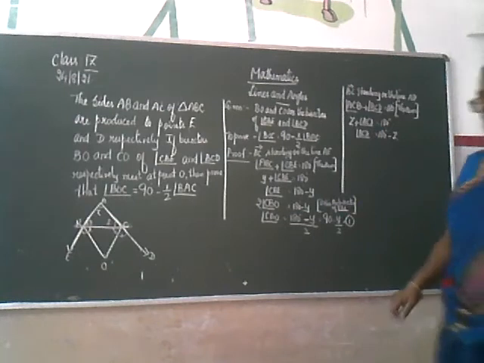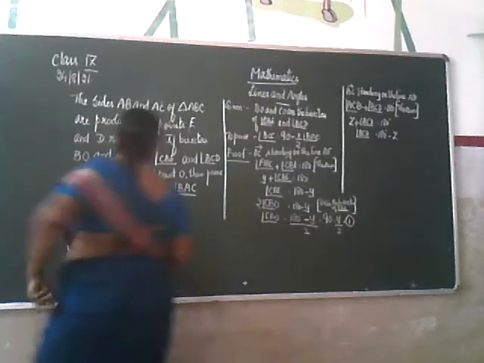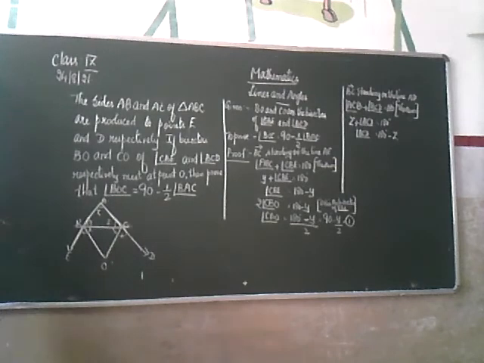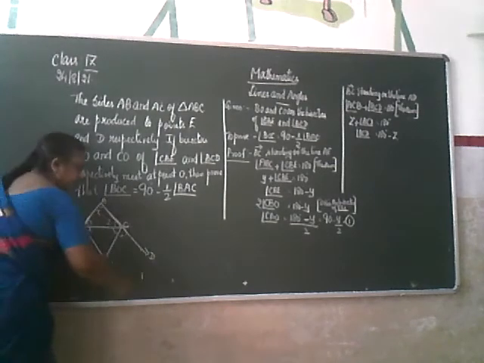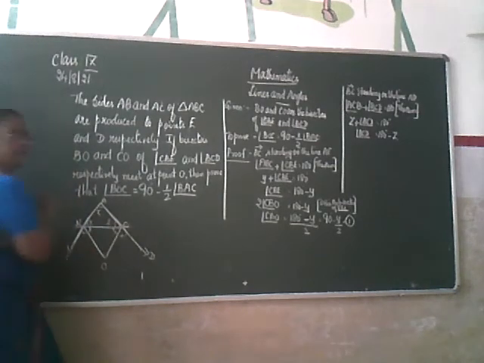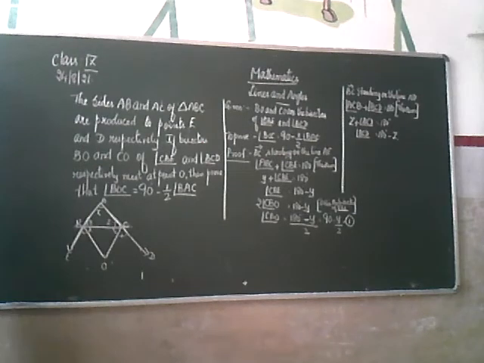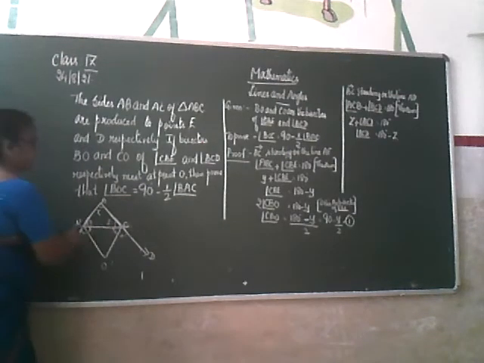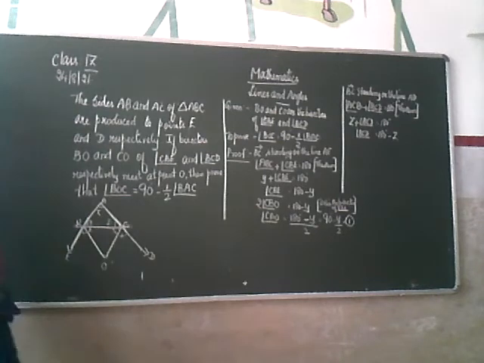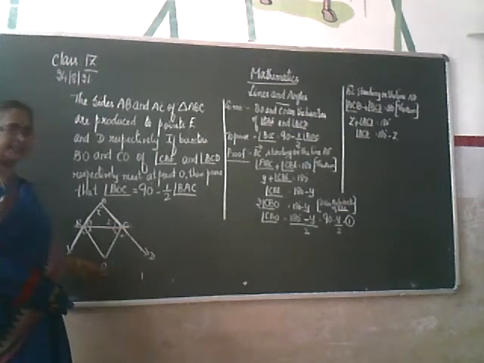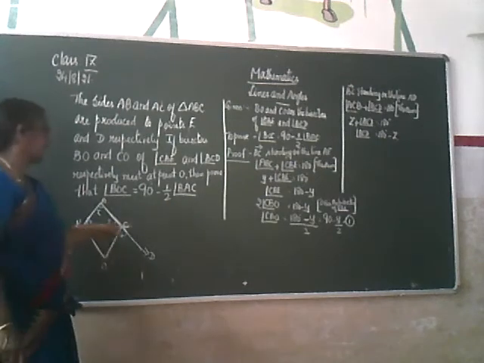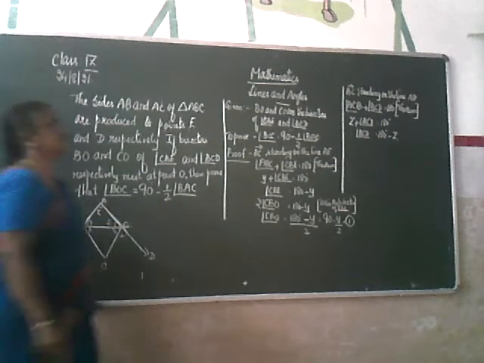Now, how can I write BCD? I should write in terms of BCO. Then only I can get this triangle, I can find BOC. Isn't it? So for that, BCD can be written in terms of BCO. Because OC is the bisector, it divides the angle into 2 equal parts. So I can write 2 times BCO.